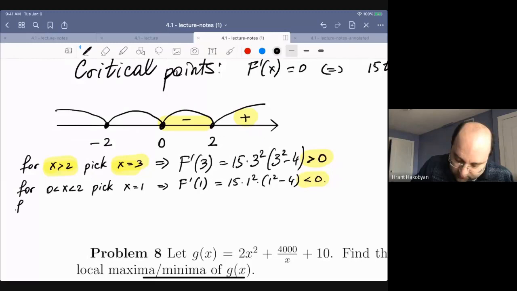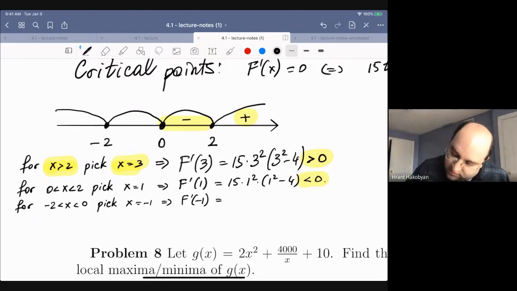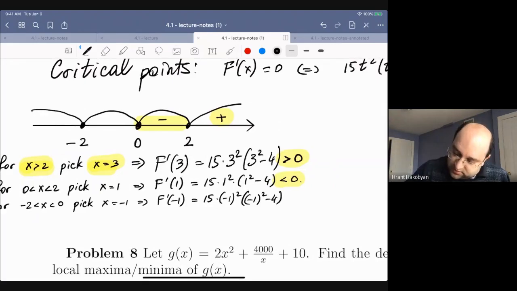Similarly, for this other interval, for the interval negative 2 to 0, I'm going to pick x equals negative 1 and find the derivative at that point. So that's going to be 15 times negative 1 squared times negative 1 squared minus 4. Okay? So let's see what this is.